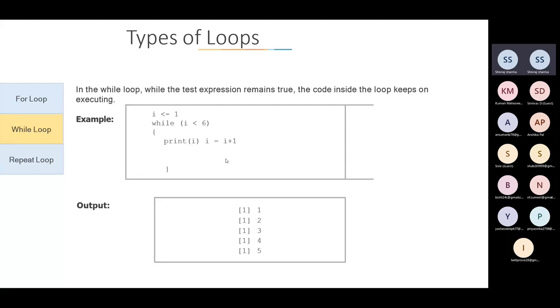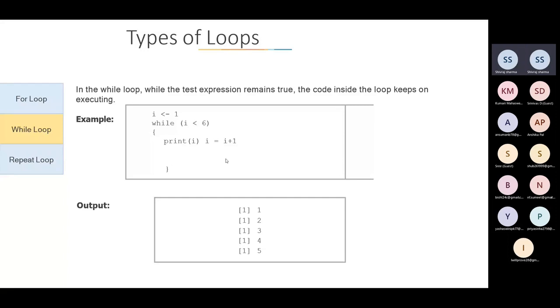It will run while I is less than 6. It means this condition must be satisfied: as long as the statement is true, run the loop. So you have to declare the condition and the loop.